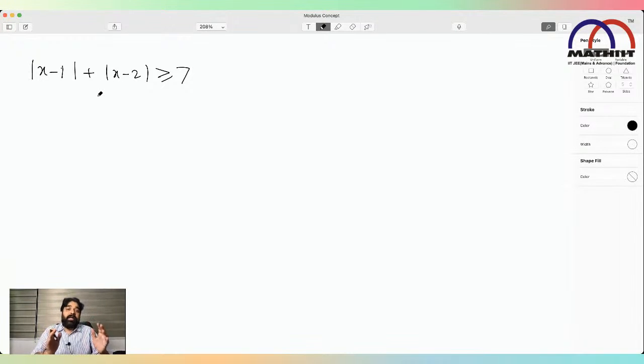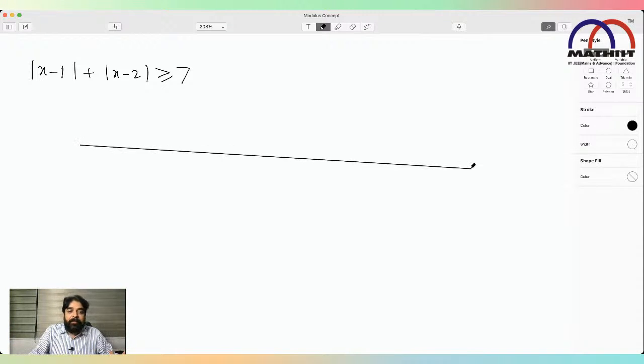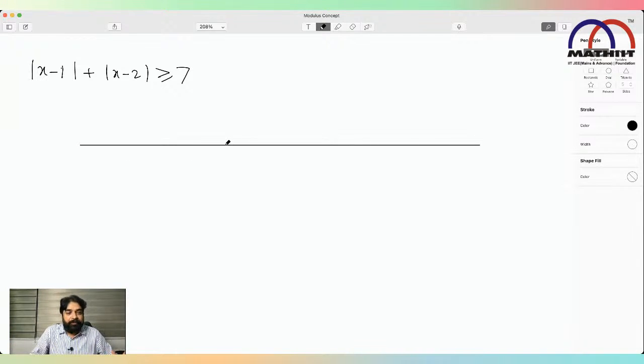Means I want the area before 1, the area between 1 and 2, and the area after 2, so that I can deal with them separately and it will not be mixed up. So this is the 1 I'm putting and 2 I'm putting, and these are completely separate spaces for solving this question. Remember, when you're solving a particular space, you don't have to worry about the other two. You have to do only here.